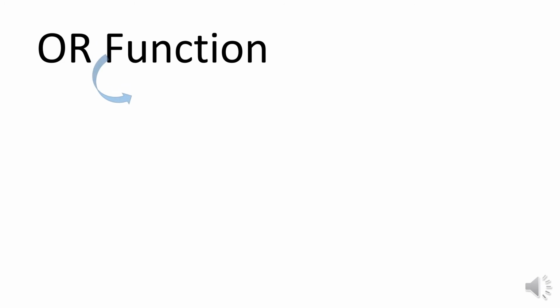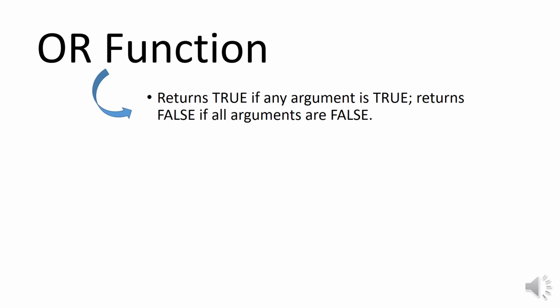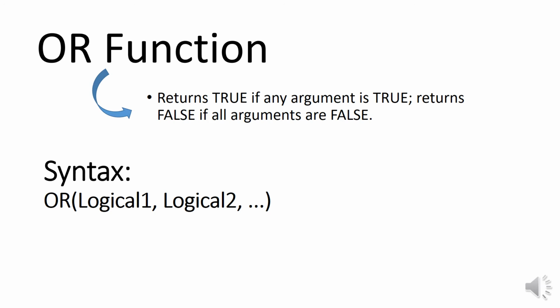The OR function will return true if any argument is true, and returns false if all arguments are false. The syntax of the OR function is OR, logical 1, comma, logical 2, and so on.